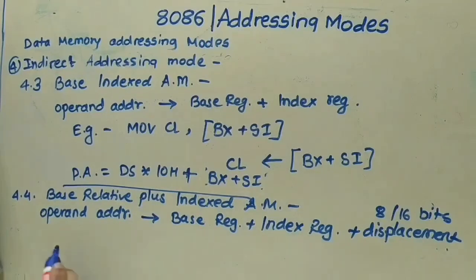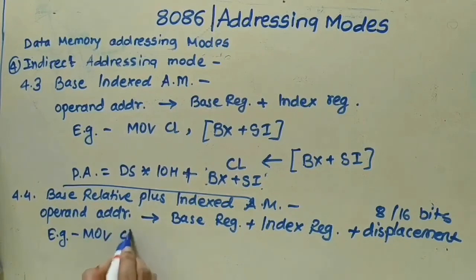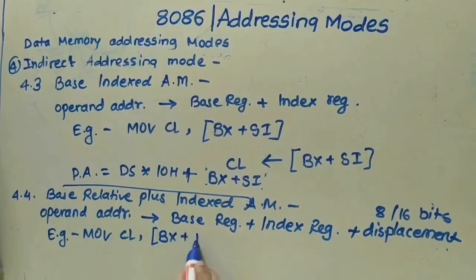The example, let's consider MOV CL, BX + DI + 20. The contents from the address specified by BX plus DI plus 20 are moved to the CL register.